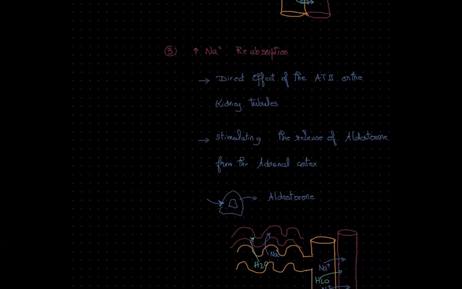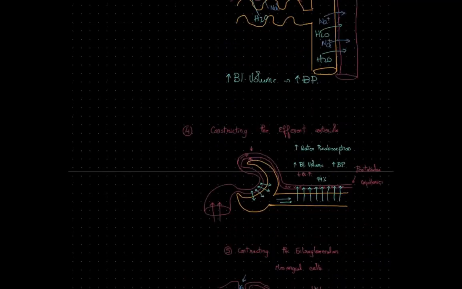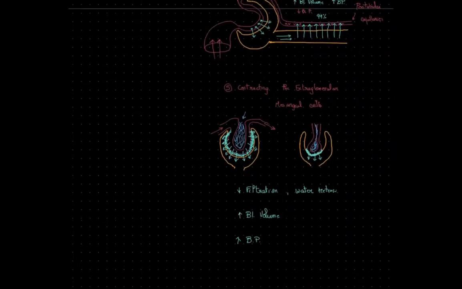Stimulating the release of aldosterone from the adrenal cortex, and another effect of angiotensin 2 will be to constrict the efferent arteriole, which allows me to get more water reabsorbed back to my blood. Last effect by which angiotensin 2 increases the blood pressure is by contracting the extraglomerular mesangial cells, which reduces the filtration surface area and thus retains water in my circulation.